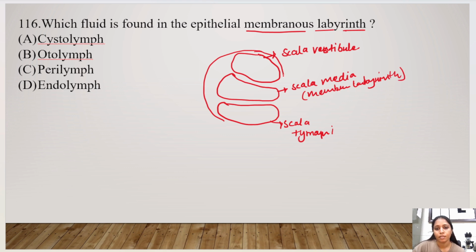And here is the bony labyrinth. So between the bony labyrinth there is fluid which is known as endolymph, and the fluid found in scala vestibuli is perilymph.